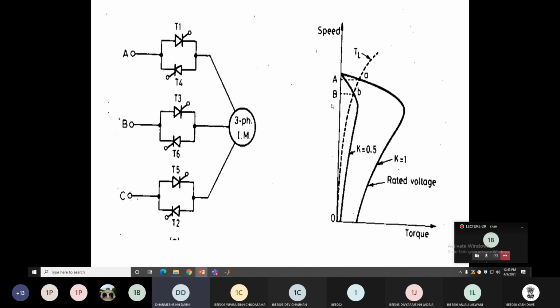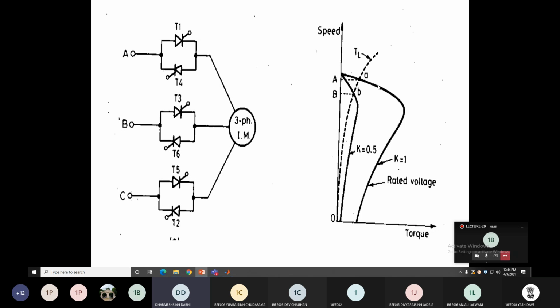So this is a simple concept by which we can control the speed as well as torque of the induction motor. Let's try to understand it using speed torque characteristics. Here you can see there are two characteristics. This is one characteristic with K equal to 1, which means at the rated voltage, without control of the voltage.